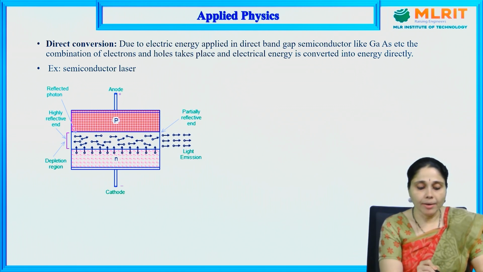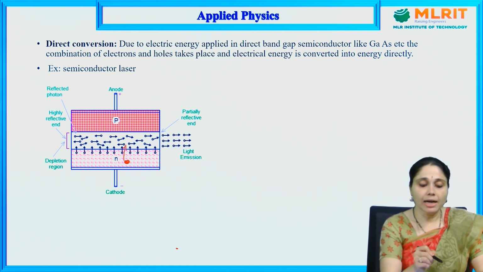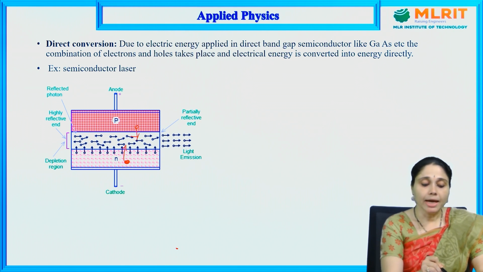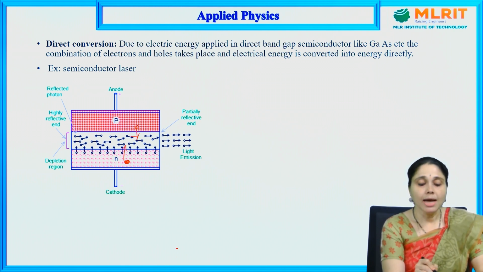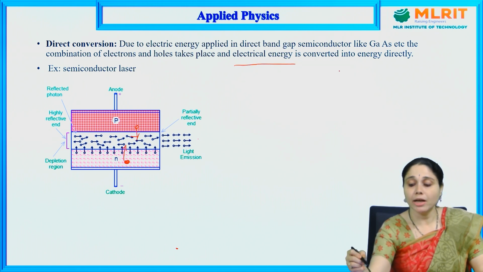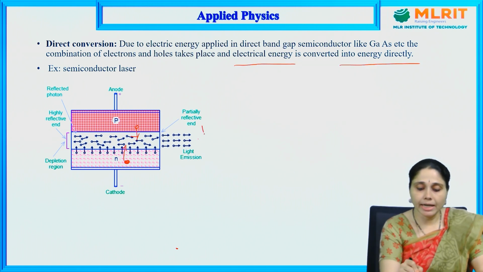The N-type electrons go directly to the depletion region and the P-type holes come to the depletion region, and there the recombination of electrons and holes occurs. Due to this recombination, the electrical energy is directly converted into light energy, which is the laser output.